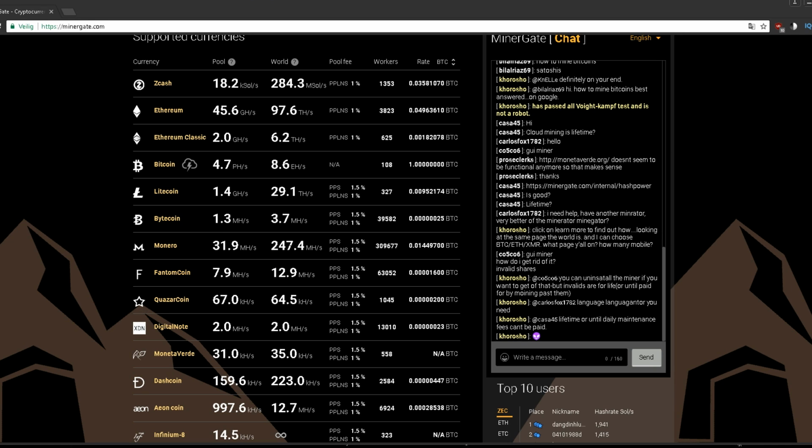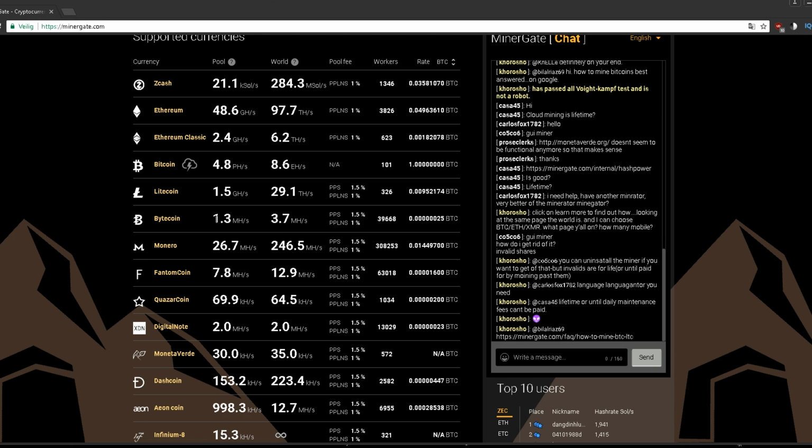So this is a good 10-15% of the entire world hash rate on Monero. As you can see here for Bytecoin, it's almost half, because the Minergate Bytecoin pool is doing 1.3 megahashes and the world is doing 3.7. So this is almost half of the entire world hash rate.